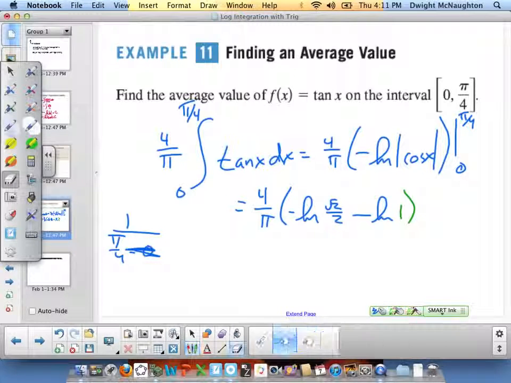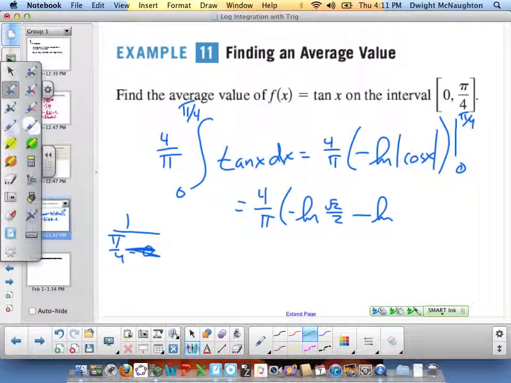And then the natural log of 1 is 0, so really this falls off. We got 4 over pi, and then negative natural log of square root of 2 over 2.